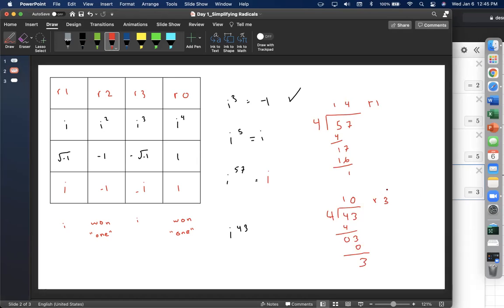So here we have a remainder of 3. So anything with a remainder of 3, our answer is going to be a negative i. So this is method 1. I want to show you a method 2.